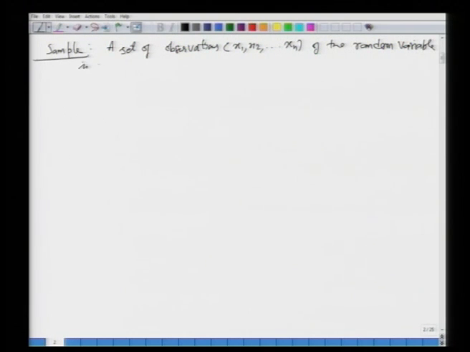What is a sample? If your random variable, as I said in the previous page, is your annual rainfall, then let us say your set is the values of the annual rainfall in the past 3, 4, 5 years, 10 years, 20 years. Let us say we have 20 years of rainfall data.